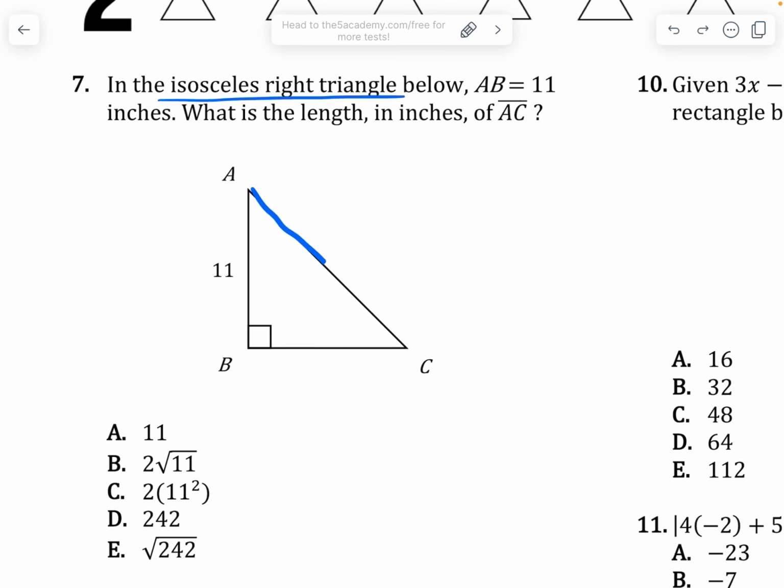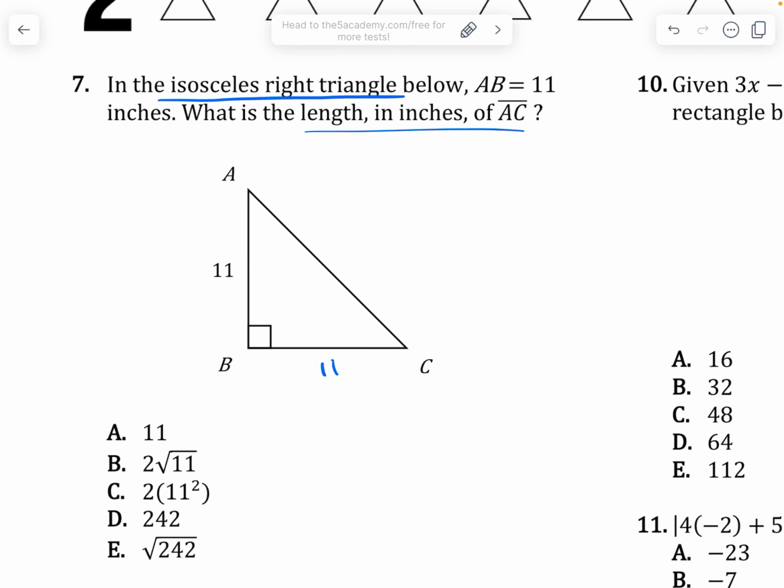So this side has the largest angle, right? Because this is 90 degrees. These two are not 90 degrees. They're less than 90. So that means that you only have one side that's going to be the largest. On the opposite, these two angles are going to be the same, and that's why they have opposite sides that are the same in length. Okay? So that means that these two sides have to be the same.